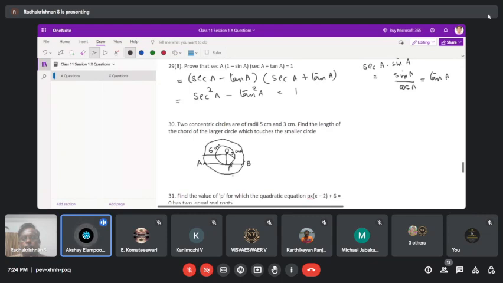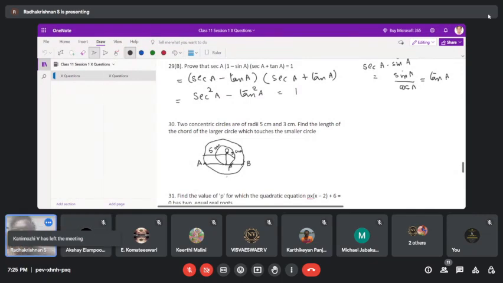So 5 square minus 3 square, which is 25 minus 9, which is 16, and the root of 16 is 4. So we have half the line AB, that is AP, which is 4, and double of it is AB, so 4 into 2, which is 8 centimeters.